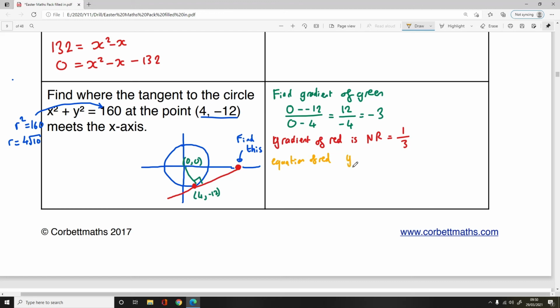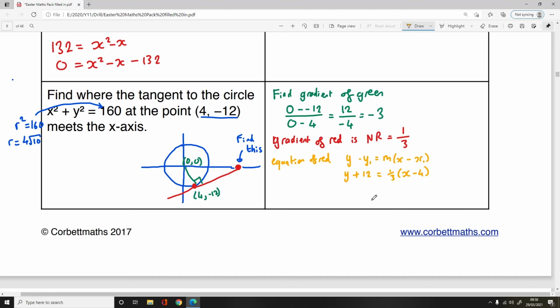And the formula for that is y minus y1 is m times x minus x1. Put in the things that we know. So we know it goes through the point 4, minus 12. So y plus 12, careful on the signs, is a third, x minus 4.